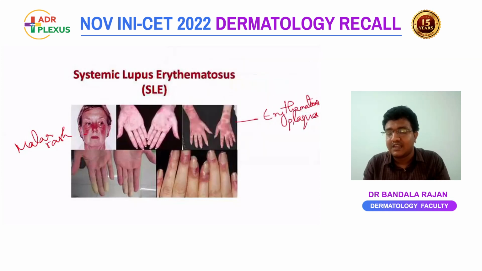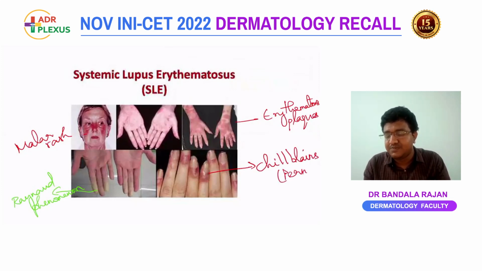Other cutaneous findings: here we can see blanching of fingers, which is Raynaud phenomenon. The fingers will become blue, white and red with a burning sensation. And the patient can develop chilblains, which is a painful swelling of fingers, especially the tips, known as chilblain or pernio. These are the cutaneous findings we should remember.